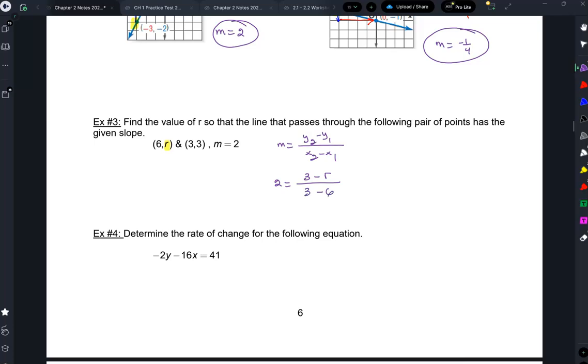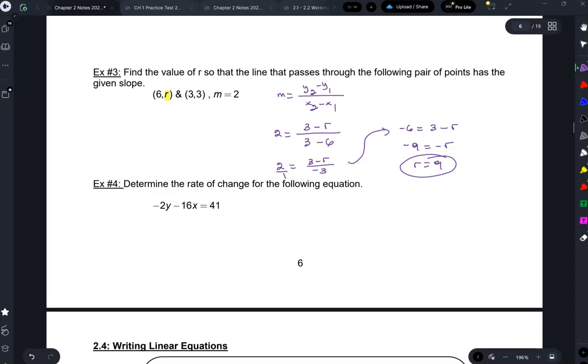Okay, so 2 equals 3 minus r over -3. Cross multiply, -6 equals 3 minus r. -9 equals -r. r equals 9. Same as we did in geometry, right? Yeah. Okay, here we go.